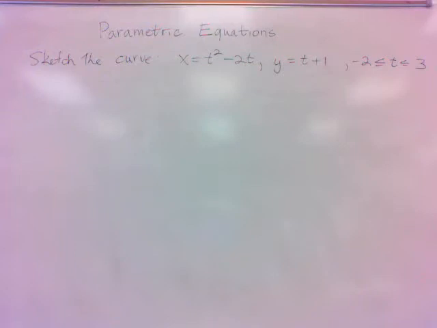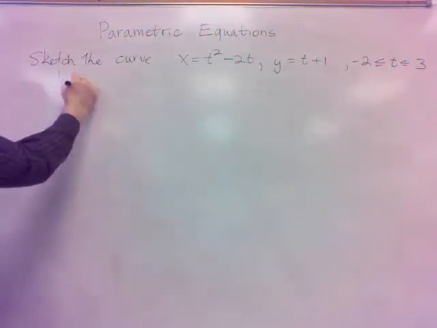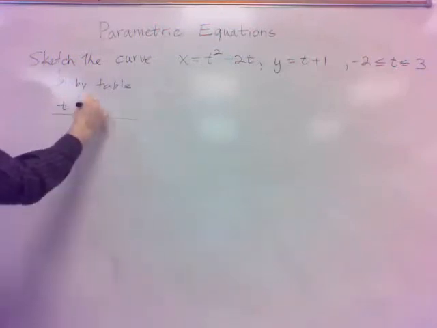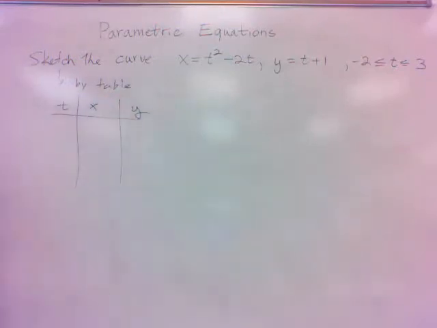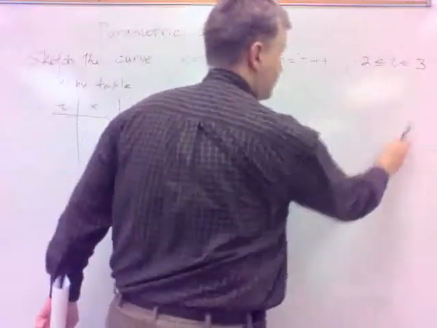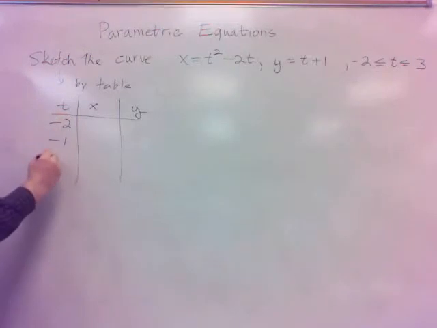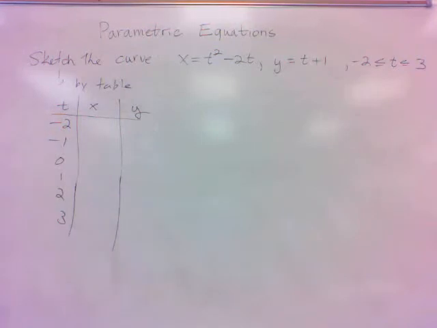One way we can sketch the curve is by a table, just like we did tables before, except our x's and y's are defined in terms of t, so in our table we're going to use t values. In this case we're going from -2 to 3, so how about we do integers from -2 to 3. Then you just plug it in, get the x, get the y, and see where that goes.